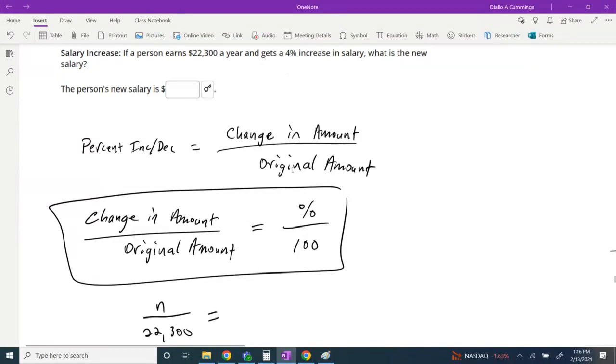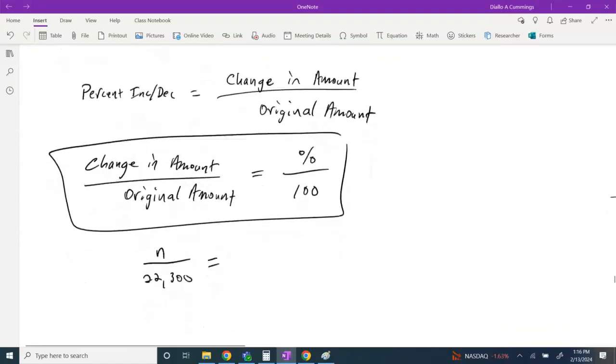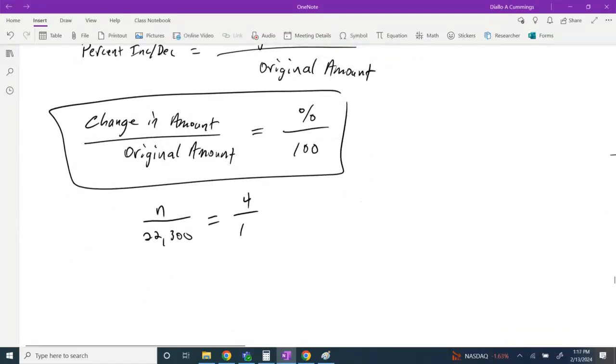So I'm merely going to drop the percent symbol, and I'm going to write 4 in the numerator and 100 in the denominator. And I'm just going to simply cross multiply and solve. So if I cross multiply, N times 100 is 100 N.